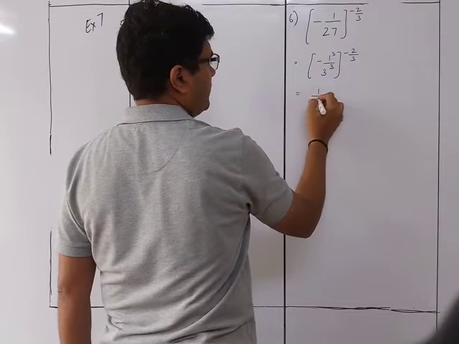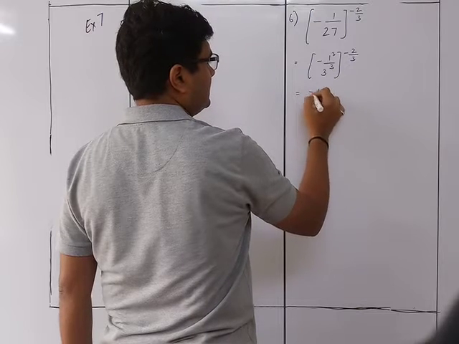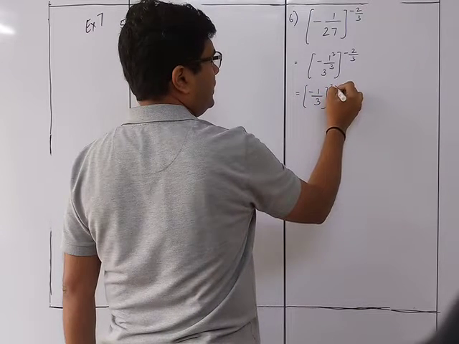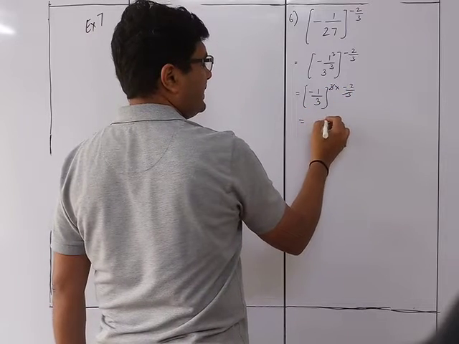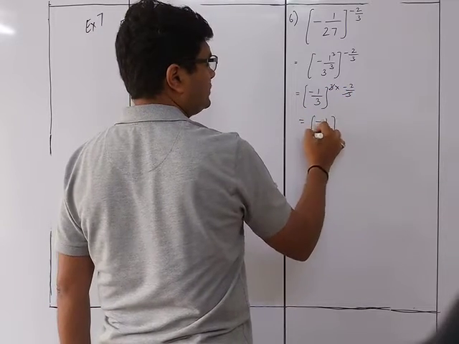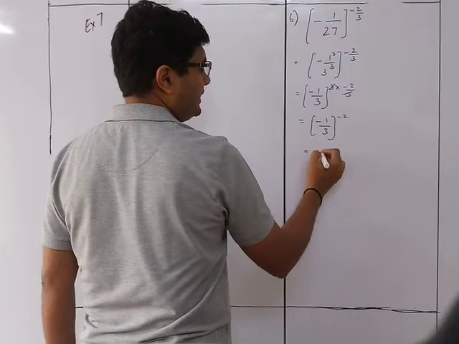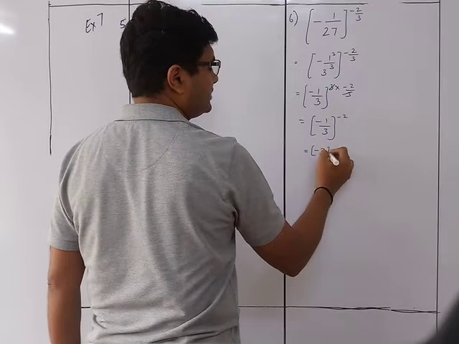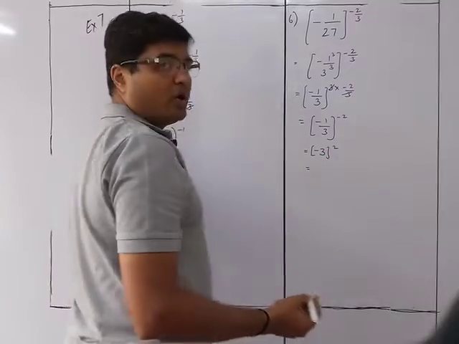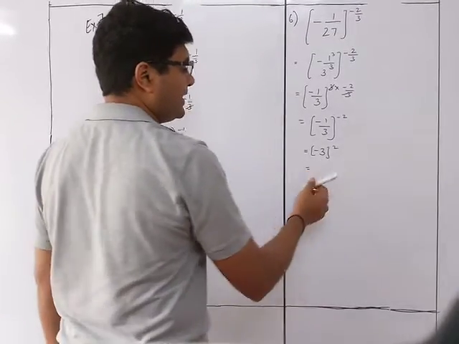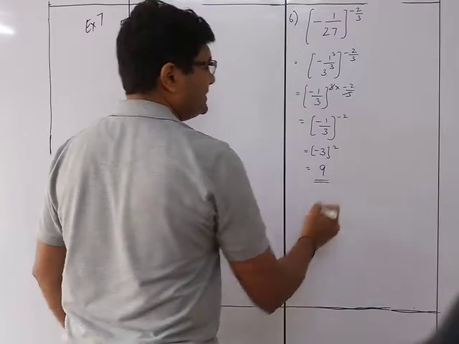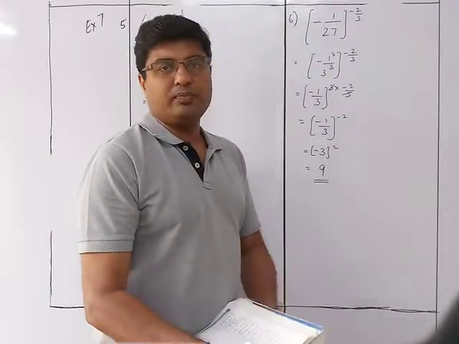That gives me (minus 1 upon 3) raised to 3 into minus 2 upon 3. 3 cancels. So now it is (minus 1 upon 3) the whole raised to minus 2. Accordingly, it will be (minus 3) the whole raised to 2. Now I know the square of a negative number is a positive number. So minus 3 into minus 3 is 9. So the answer for the sixth sum is 9.